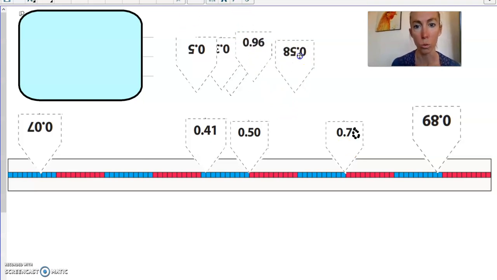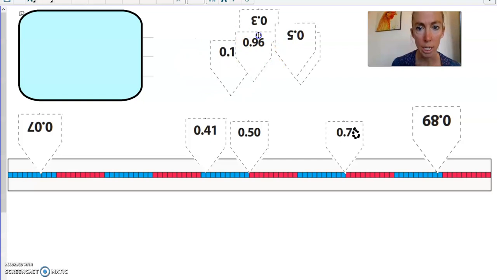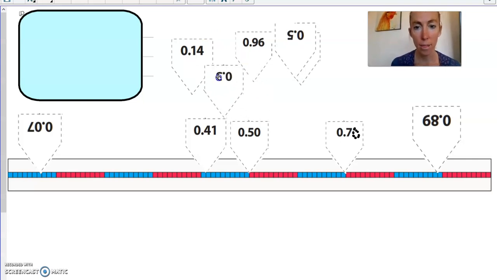Okay. All right, let's do one more. Which one am I going to do? I'm going to do this one. Okay. In 3, 2, 1, boom. And this right here is 0.3, or otherwise known as 3, not hundredths, it's tenths.